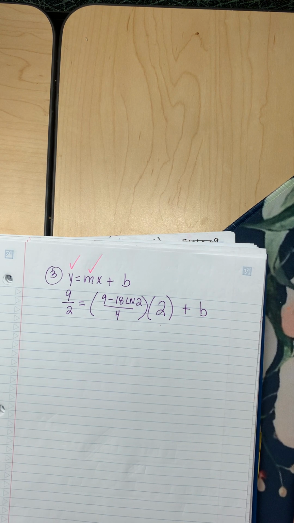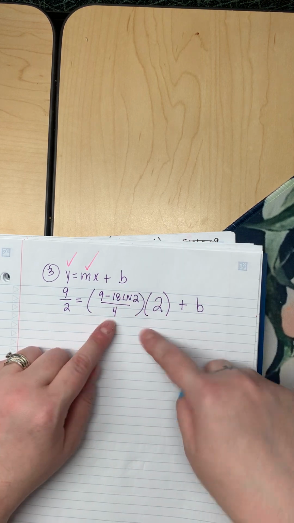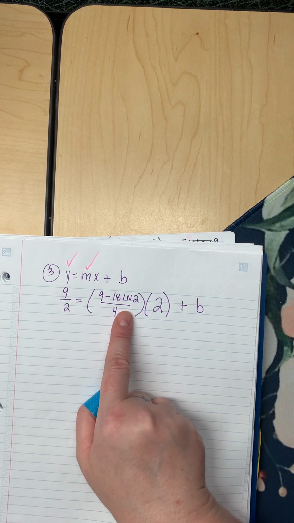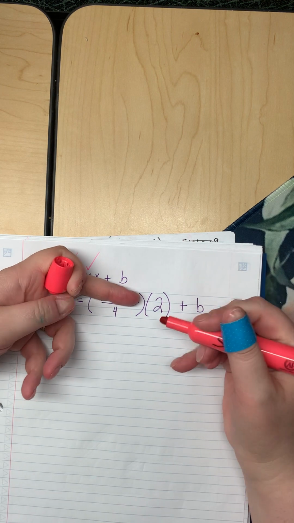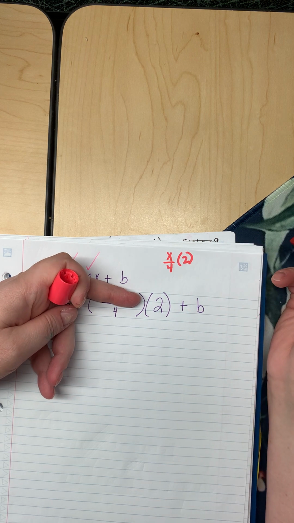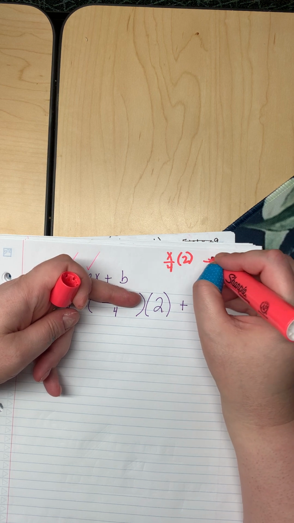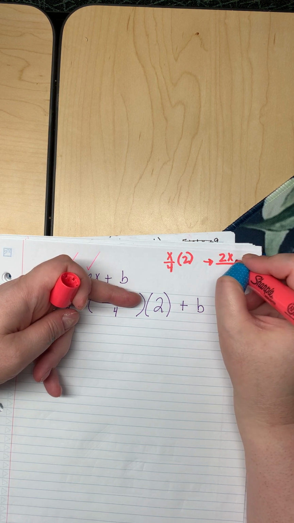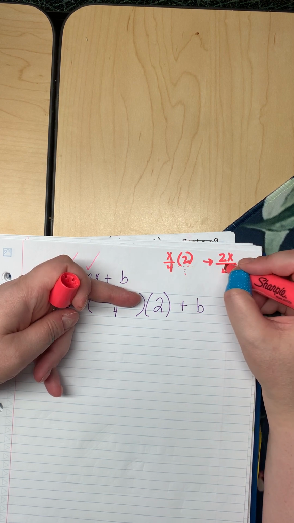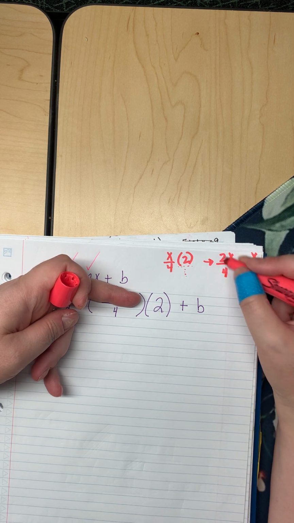Okay, now we have to figure out what b is. Well, first, let's clean up this dirtiness over here. If I want to think of this differently, let's say I had x over 4 times 2. If I wanted to multiply these, I could go left to right and get 2x over, this has a pretend 1, so 4 times 1 is 4. And then that would reduce to x over 2, because you can divide those by 2.